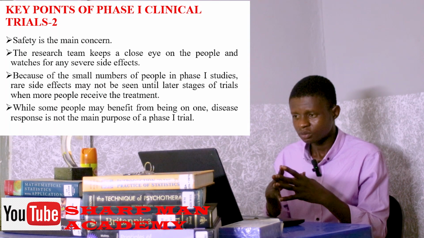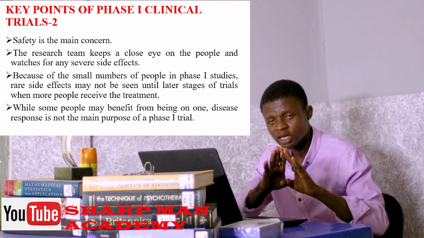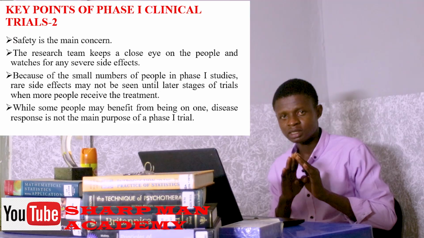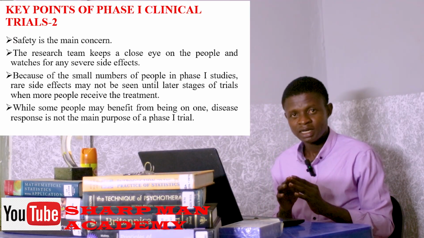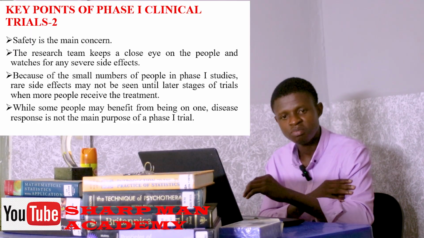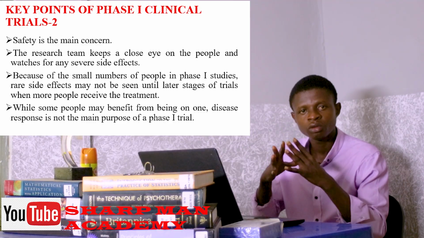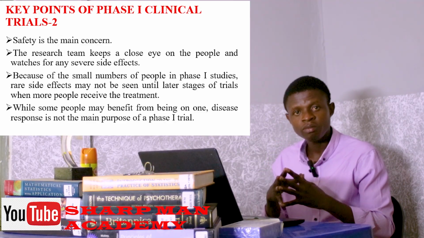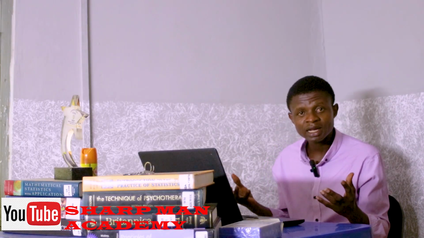And then the research team, we look close to the people and watch if we can identify any severe side effects. So we look at them every day. We check their BP, we check their sugar level, we check their hemoglobin level to see if they are developing any side effect.